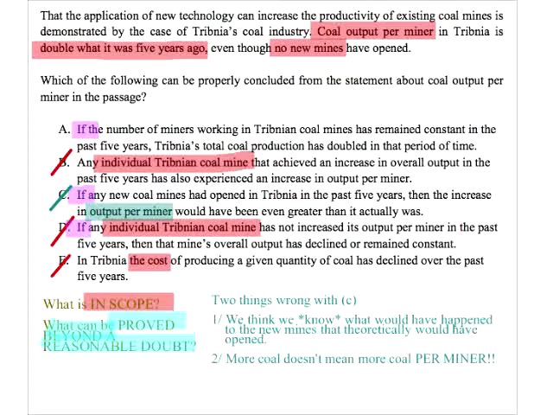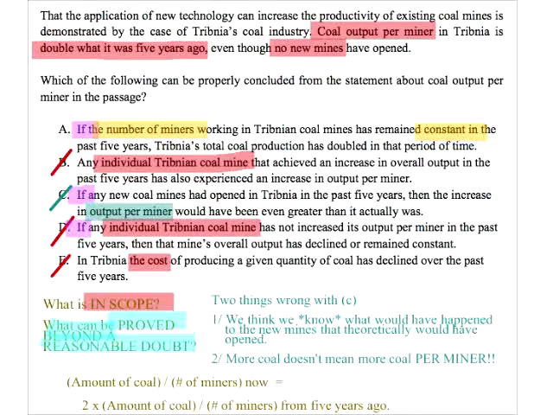Versus choice A, if you set the number of miners to be the same, then the coal production must have doubled. Well, because the idea is that amount of coal per number of miners now is 2 times amount of coal over number of miners from 5 years ago.